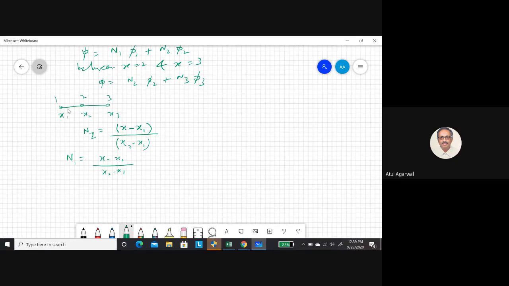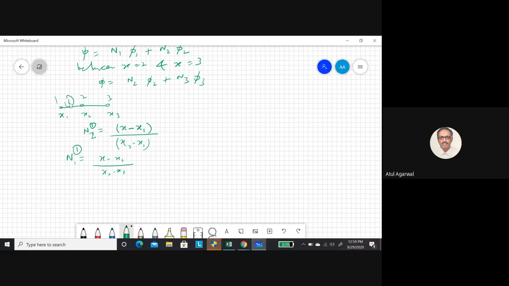So what is the shape function when it is in element 1? Our shape function for node 1 is given by this.